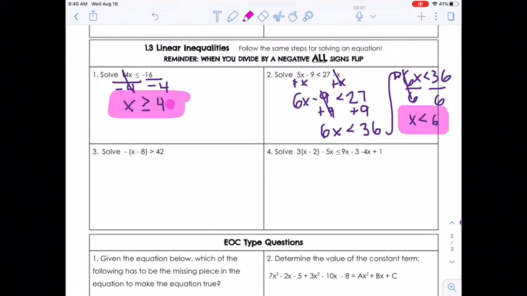Maybe that helps. All right, number 3, we're going to distribute the negative. So we're basically multiplying both things in the parentheses by a negative 1.